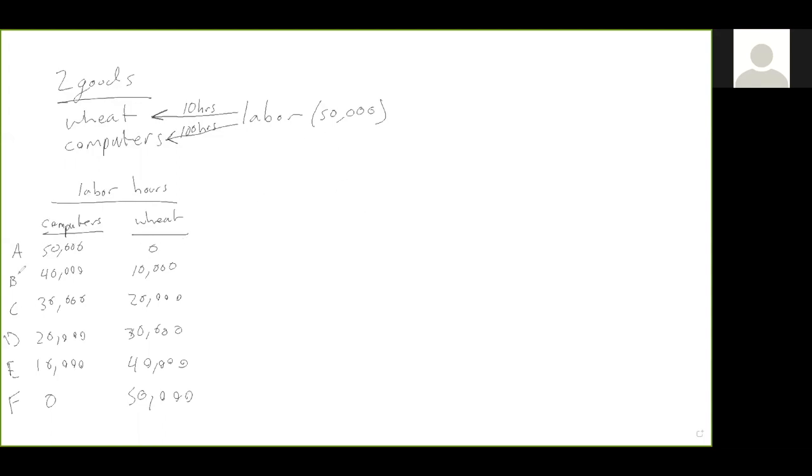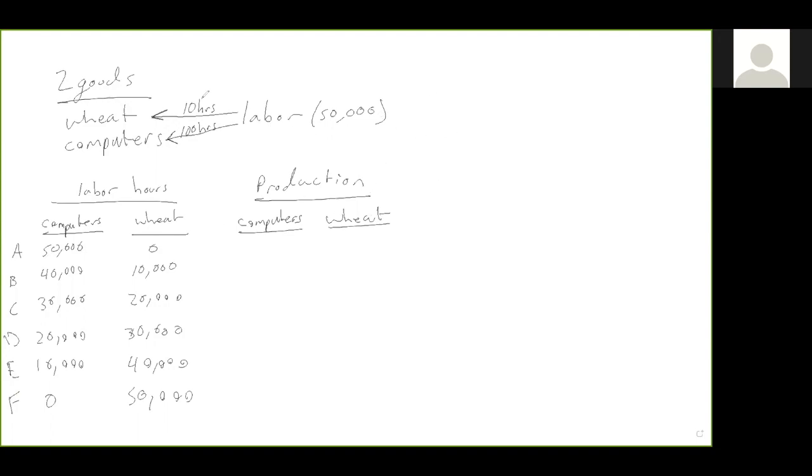So, right, these scenarios are just some of the allocations of labor. The question then is, what is the corresponding production level for these scenarios? So we can make a second table. And so what we want to put for each entry is, for scenario A, if we devote all our labor to computers, how many computers are we going to produce?